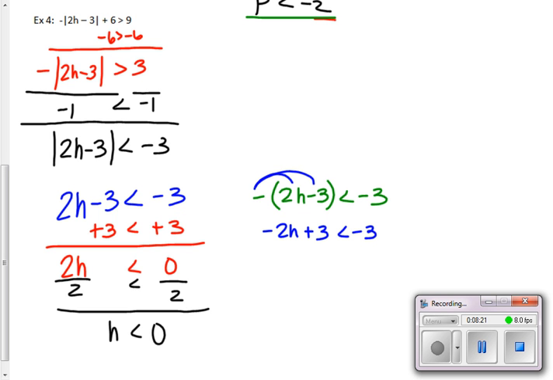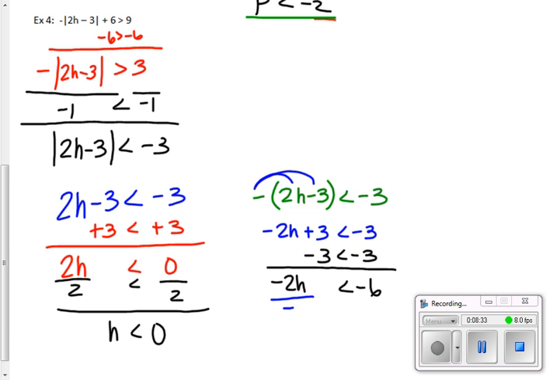So we distributed, we get negative 2h plus 3 is less than negative 3. Subtract 3 from both sides, we have negative 2h is less than negative 6. And then the final step here would be to divide by negative 2. When you do that, remember the inequality would flip, and we have h is greater than 3.